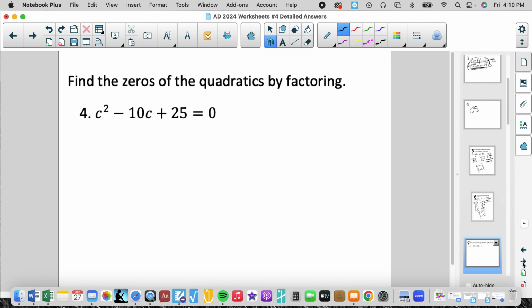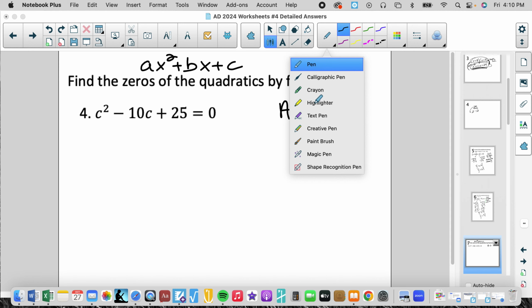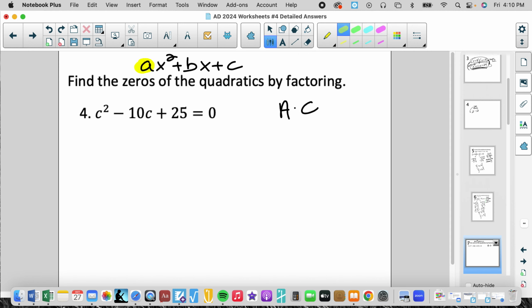So this is A times C. It's three terms. So I'm going to do A times C. What's my A value? A is the coefficient of c squared. Remember, it's in this format, ax squared plus bx plus c, where a is the coefficient of my x squared, or my variable squared.